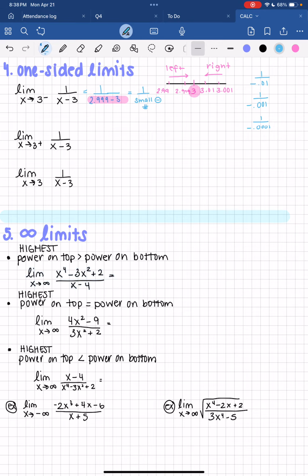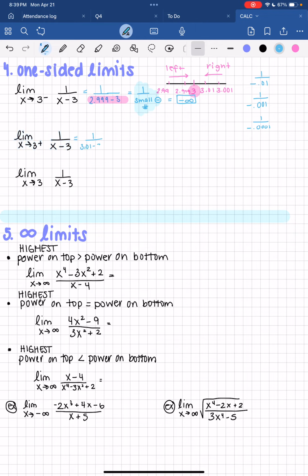And you can see that if you actually evaluated those fractions in your calculator, your answer is going to get bigger and more negative. So 1 over a super small negative number is going to be negative infinity. So that's just something that I taught my kids to memorize. And now over here, 3 from the right, let's do 3.01.